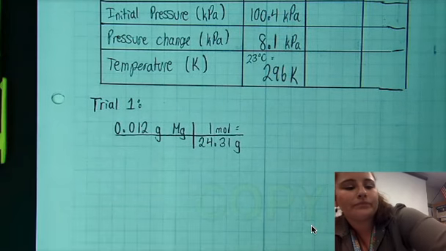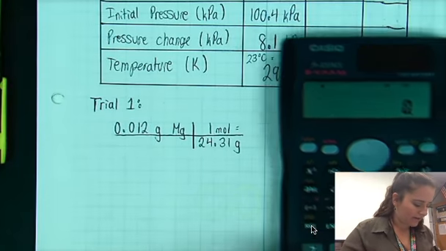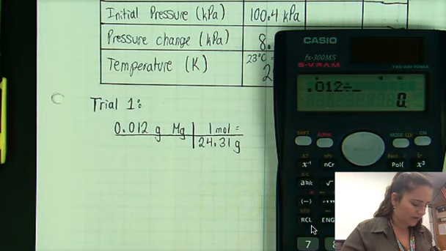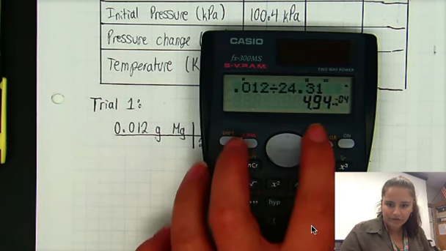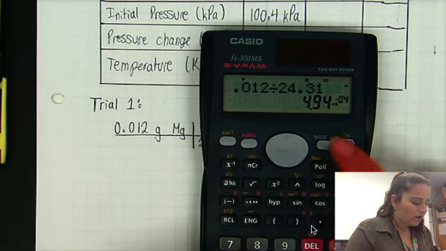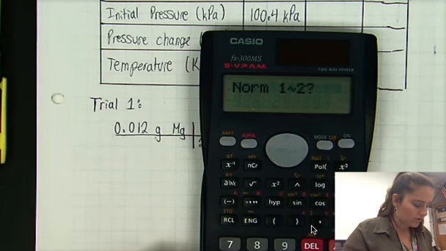Okay, so we plug that into our calculator, 0.012 divided by 24.31, and we get 4.94 times 10 to the negative 4. You might also not have it in scientific notation if it's just in normal.